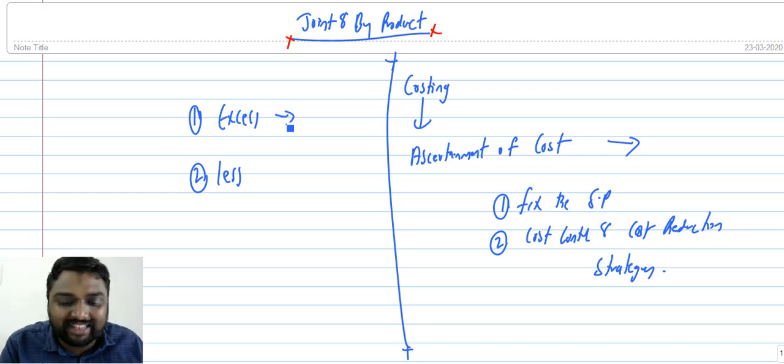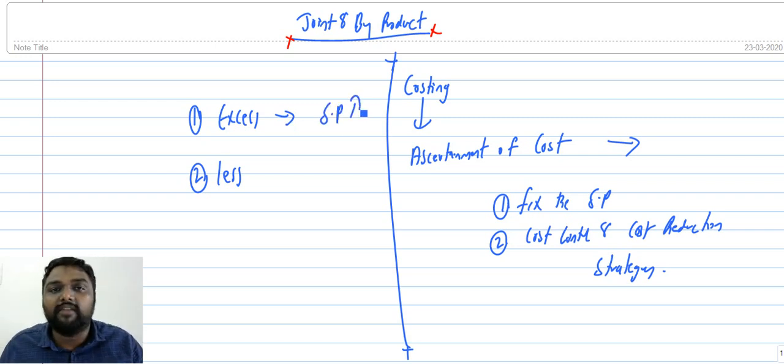If you ascertain the cost in excess, your selling price looks high, because anyway you need a profit margin. So buyers may choose the competitor's or alternative product. Second option, if you wrongly calculate the cost, that is, underestimate your cost, even if you charge a profit margin for a period of time, you don't have any surplus amount as you expected, because your costing is wrong.